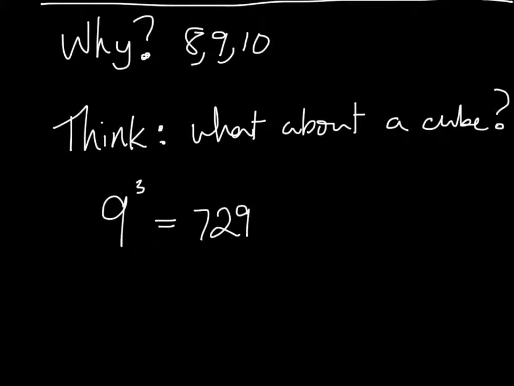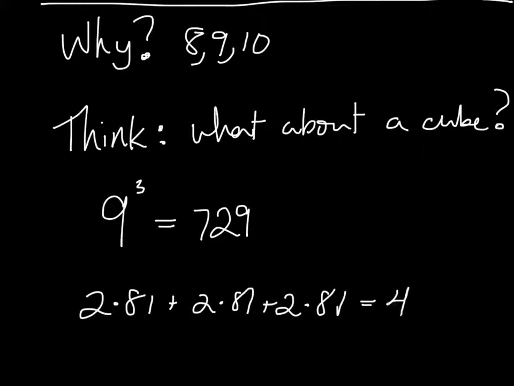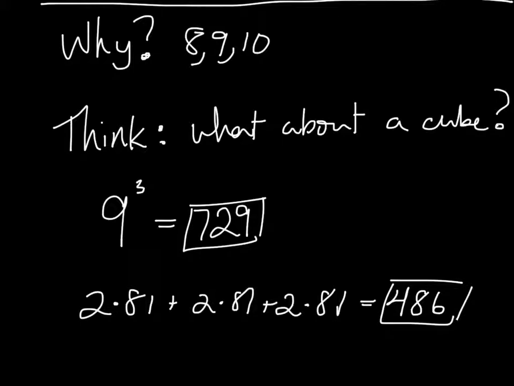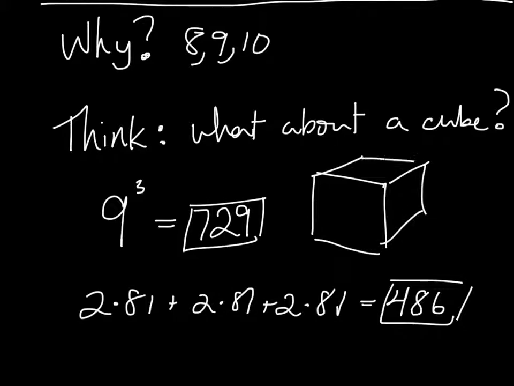I also know that the surface area is going to be 2 times 81 plus 2 times 81 plus 2 times 81. You can multiply that out, it is 486. These are really close to the numbers they give us, which means our rectangular prism is really close to a 9 by 9 by 9 cube. And that's how I figured out 8, 9, and 10.